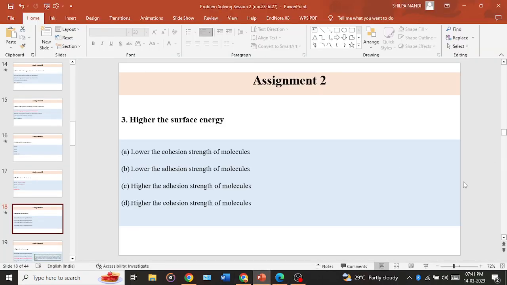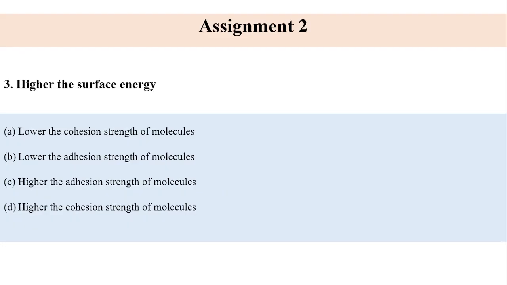Okay, fine. We may just move on with the answer as I'm not able to get any response. So, higher the surface energy, the higher will be the adhesion strength of molecules. First of all, we use the term surface energy when we are dealing with solids and not liquids.